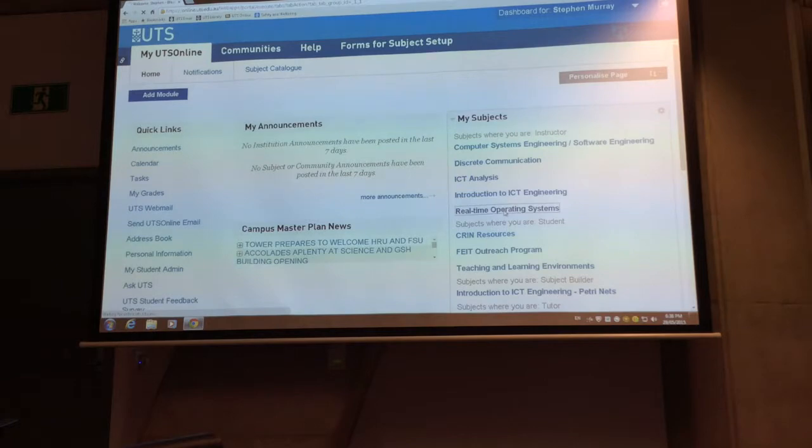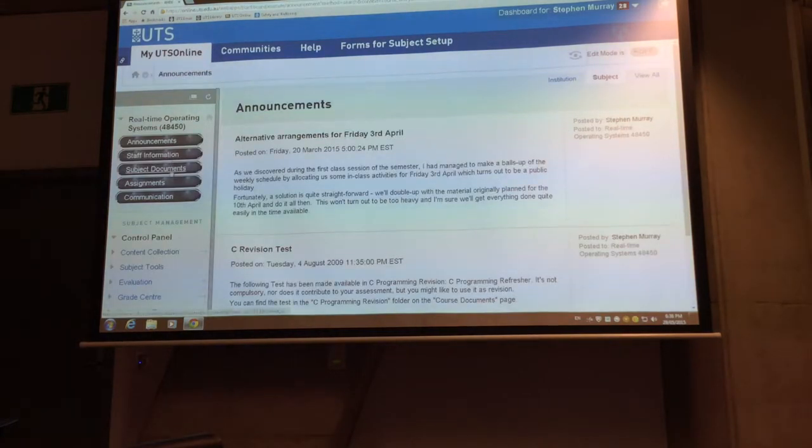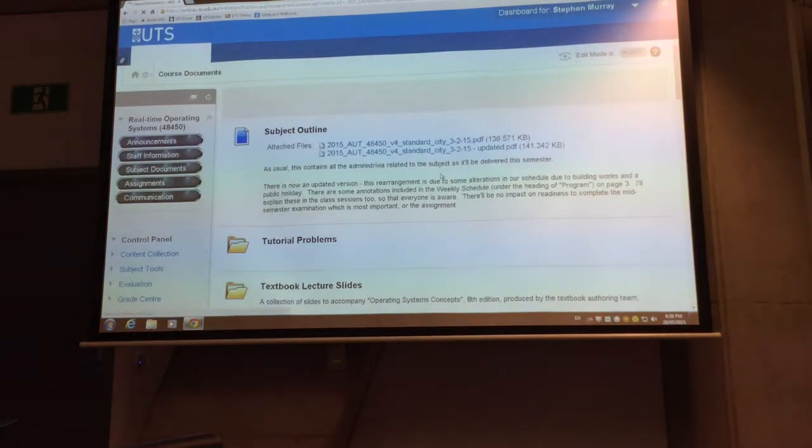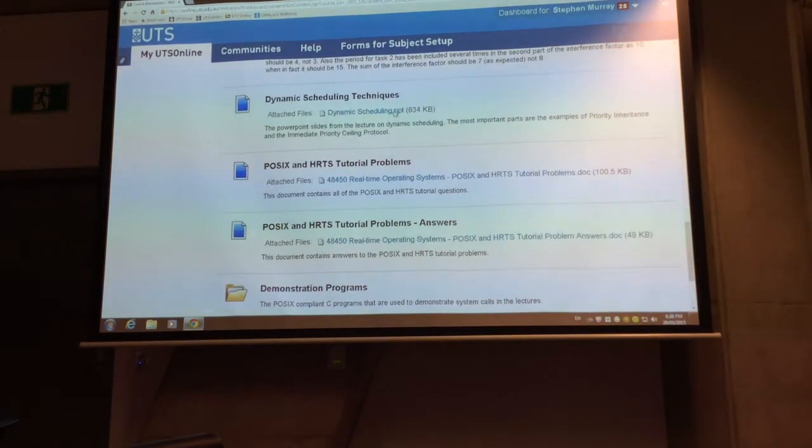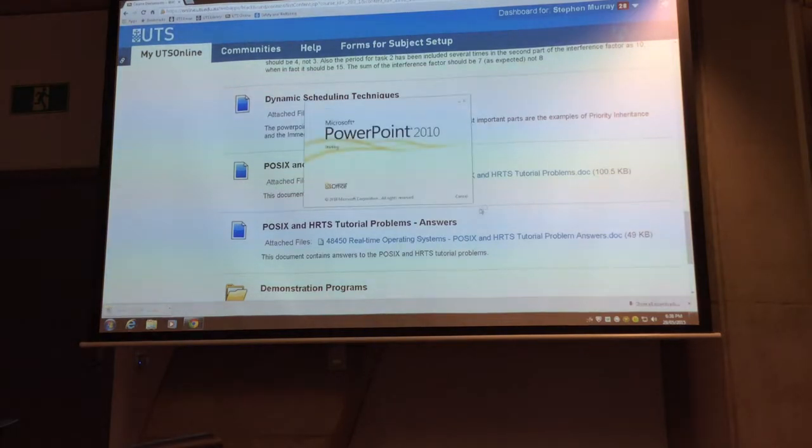What we want to do now, or we might want to, what we will do is we'll have a quick look at dynamic scheduling techniques, and then that's the last of our examinable topics.